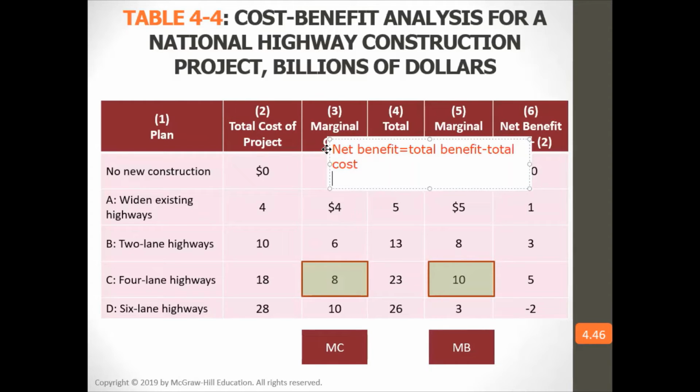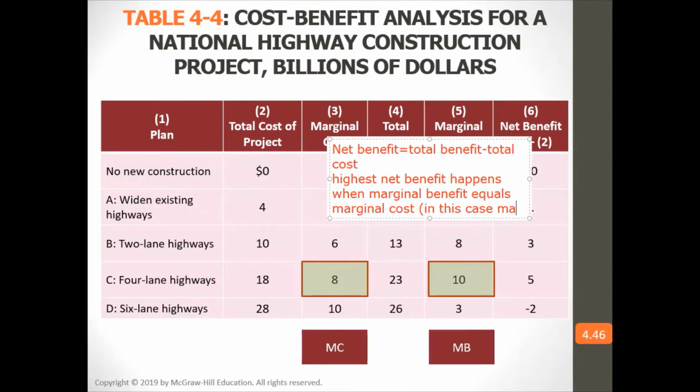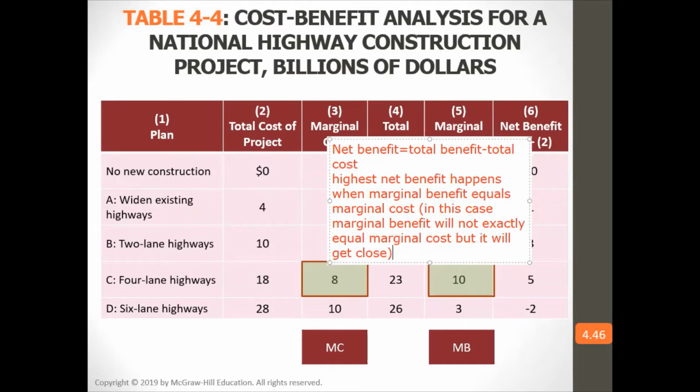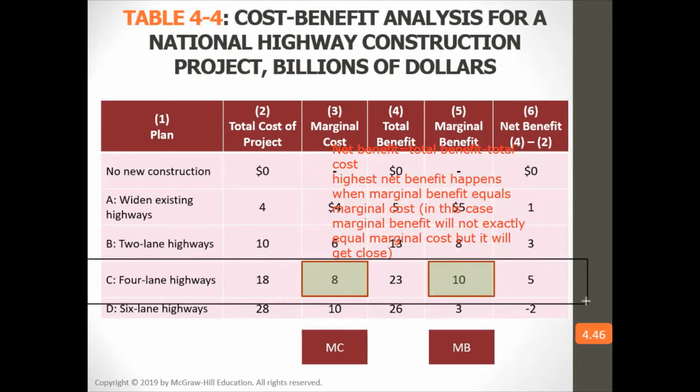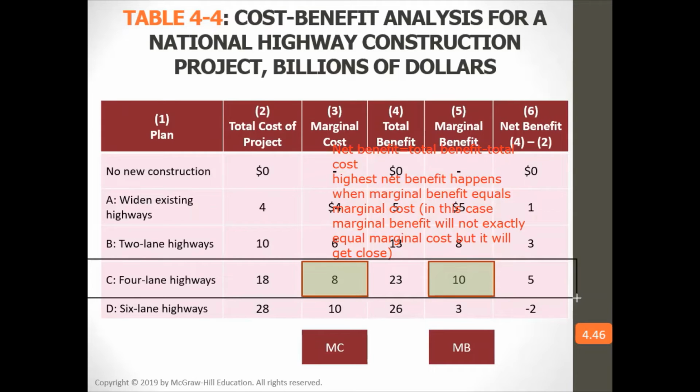The highest net benefit happens when marginal benefit equals marginal cost. In this case, marginal benefit will not exactly equal marginal cost, but it will get close. This is the closest we'll get, where it's 8 and 10. So they're almost equal, and the net benefit is the highest at 5.